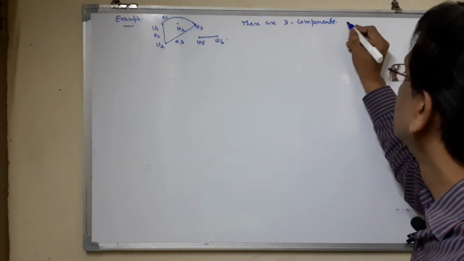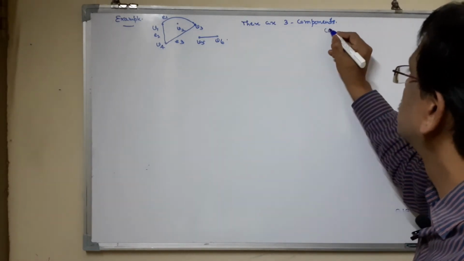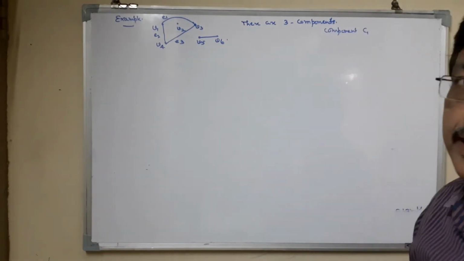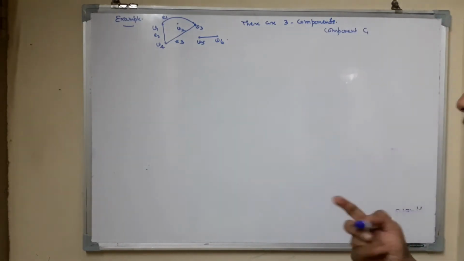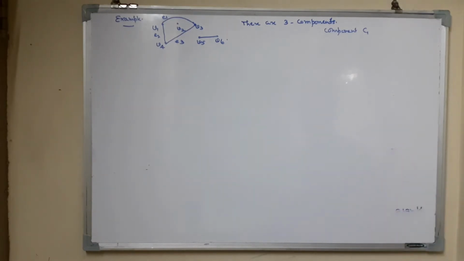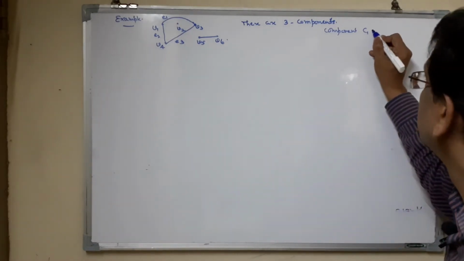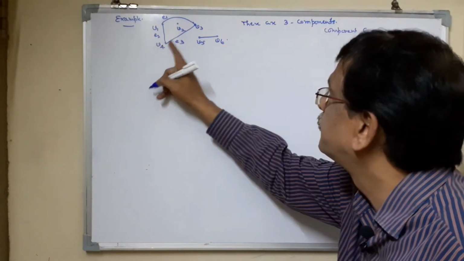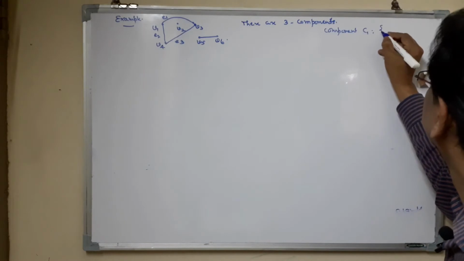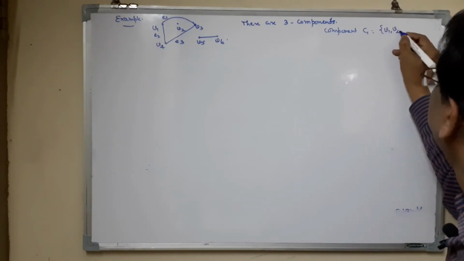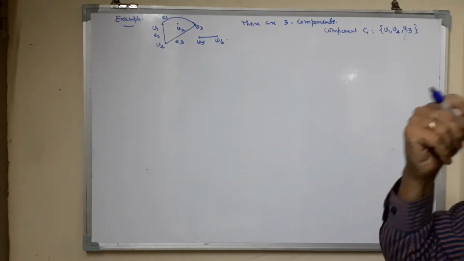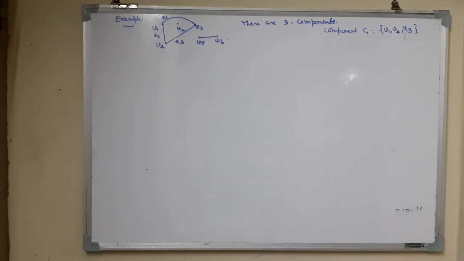What are they? Let me write down the component C1. Don't get confused. Already I have written the symbol Cn is a cyclic graph on n elements. So component C1 is V1, V4, V3. That's a component. That is a subgraph. What are the edges of this?